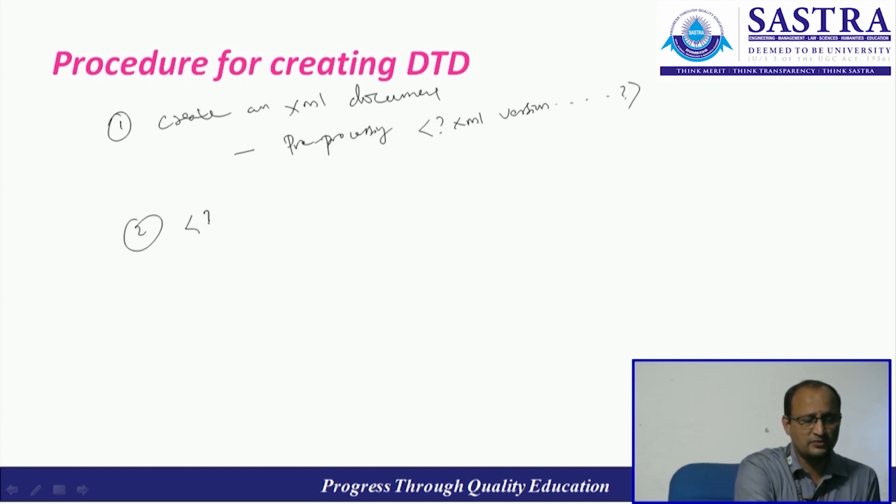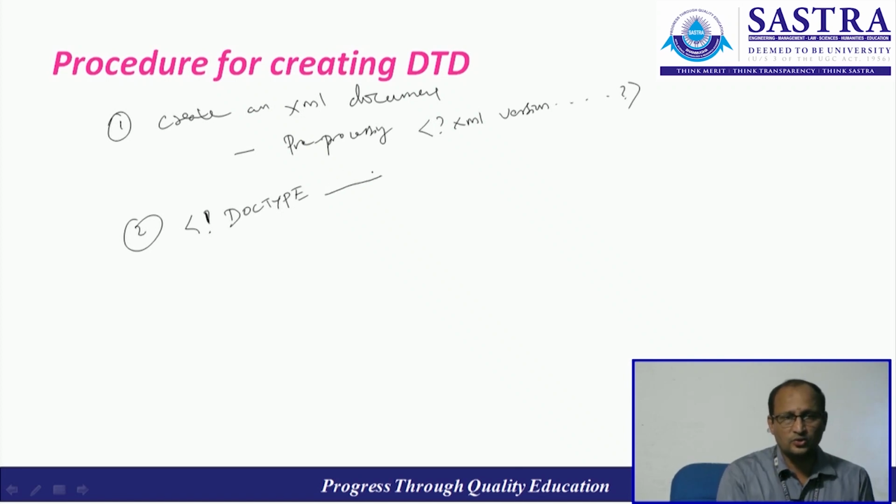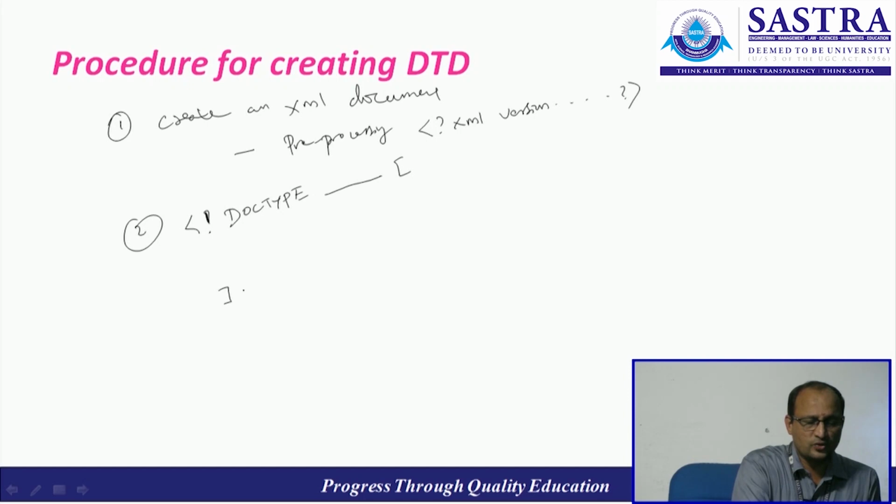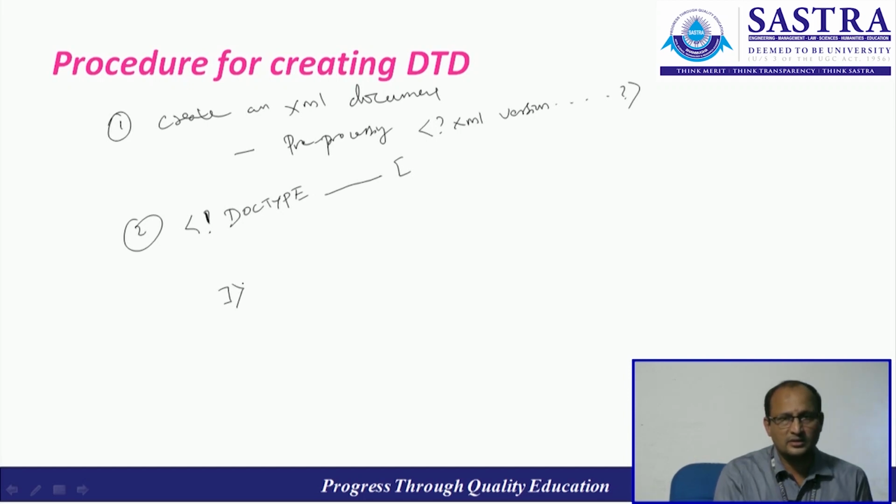It should start with exclamation DOCTYPE. Then we have to specify the root tag name and opening square bracket, closing square bracket, closing angle bracket. This is for internal DTD.